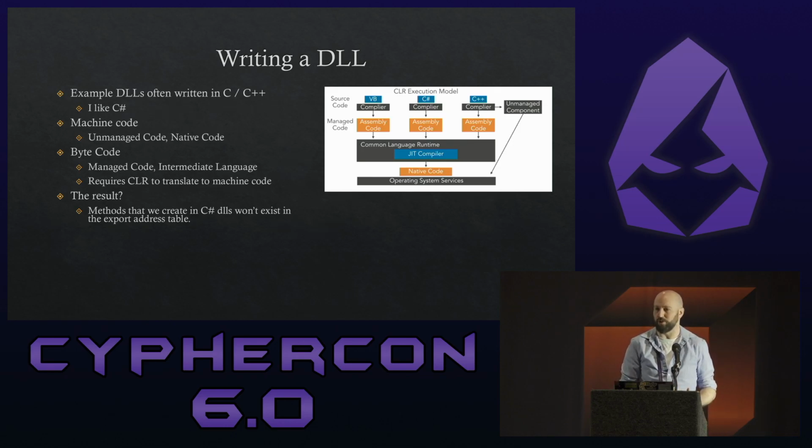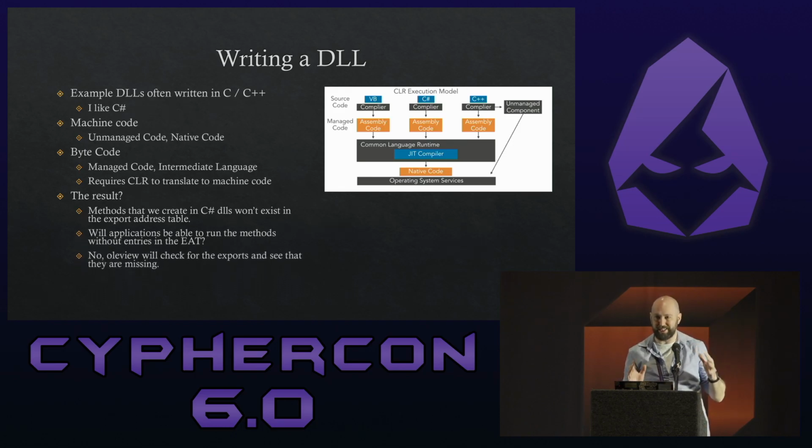I can still call those C# DLLs from other assemblies and call those functions. They don't need to be advertised, right? So applications like OLEview, they won't see anything. They'll look for the export address table. They're not going to see an entry there, and they're going to say, sorry, pal, I was expecting this function. You don't have it, so I can't run.